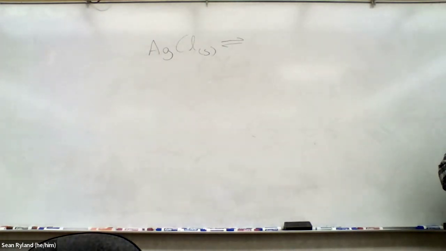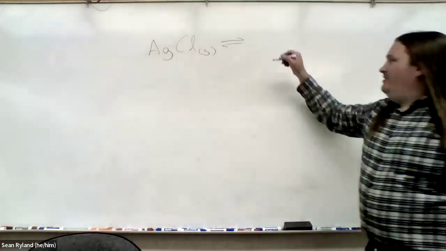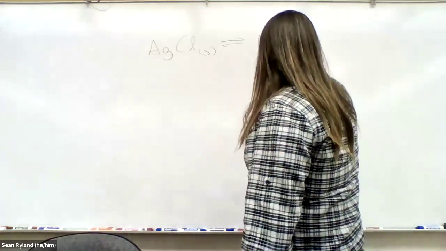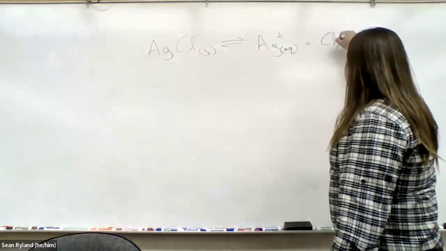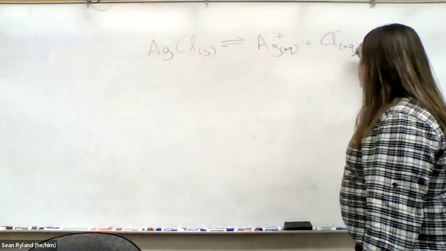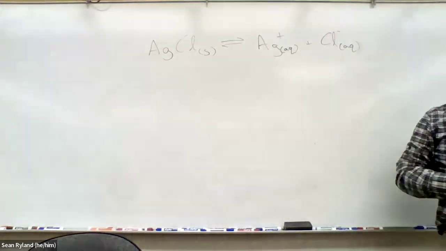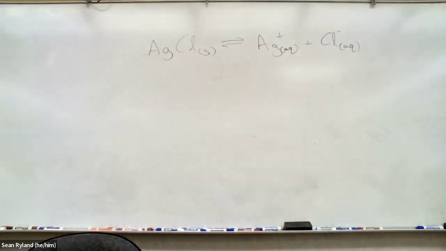What happens to an ionic compound when it dissolves in water? Yeah, they split up into their ions, right? So we get silver ions and chloride ions. That's going to have an equilibrium constant associated with that too, right?